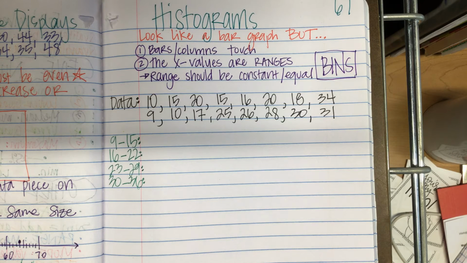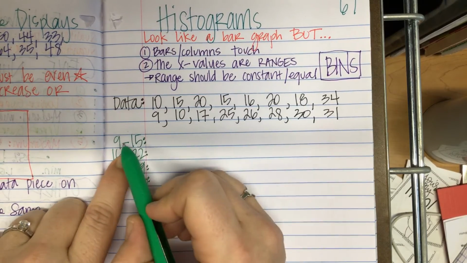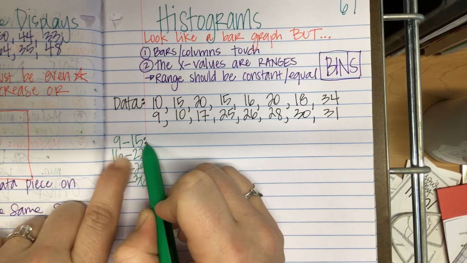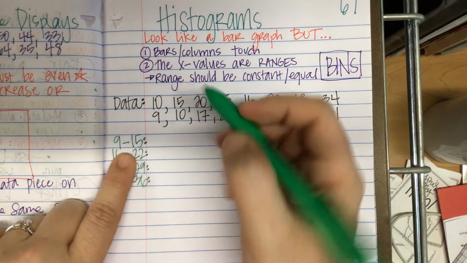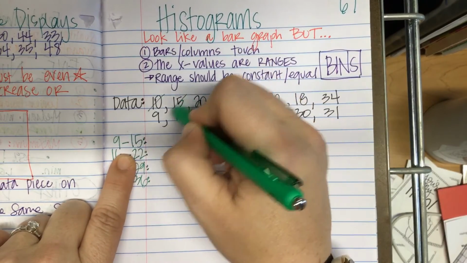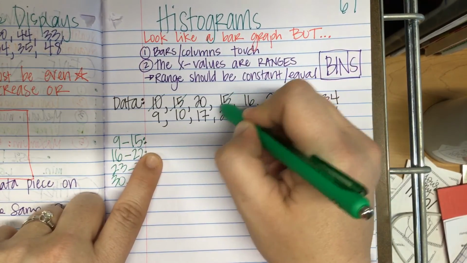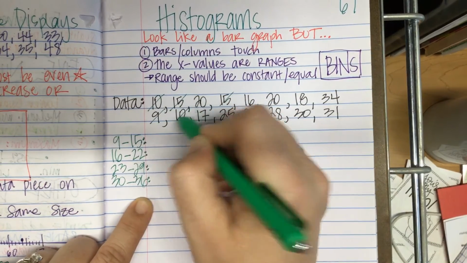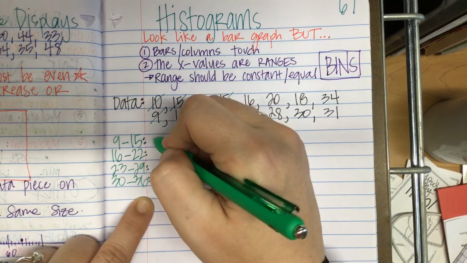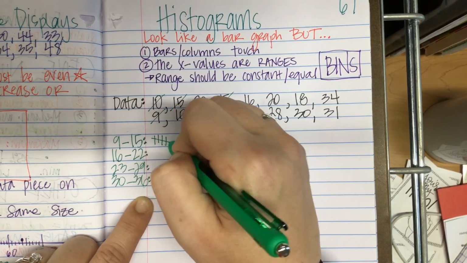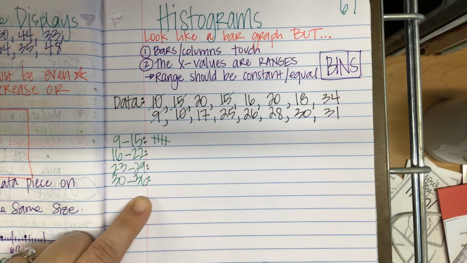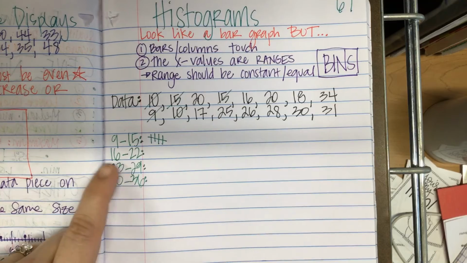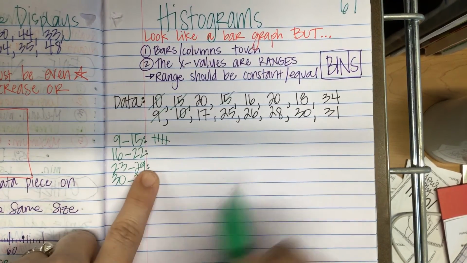There you go. So here we go. How many values are between 9 and 15? So 1, 2, 3, 4, 5. How many are between 16 and 22?